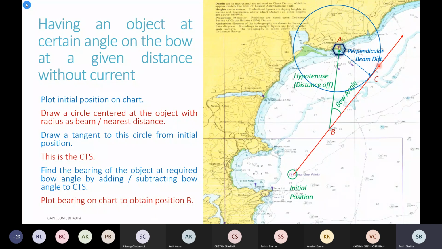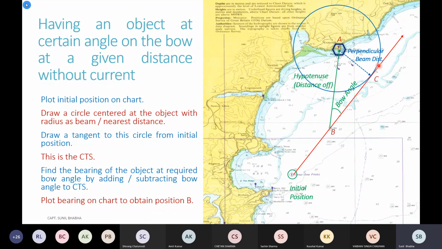So first find out the beam distance or the nearest distance off, and once known, draw the beam distance circle, and from your initial position, draw a tangent line. Then you can draw either the bearing of that particular lighthouse using the bow angle, or you can mark off an arc equal to the distance off from that lighthouse to obtain point B, where this condition will be satisfied.